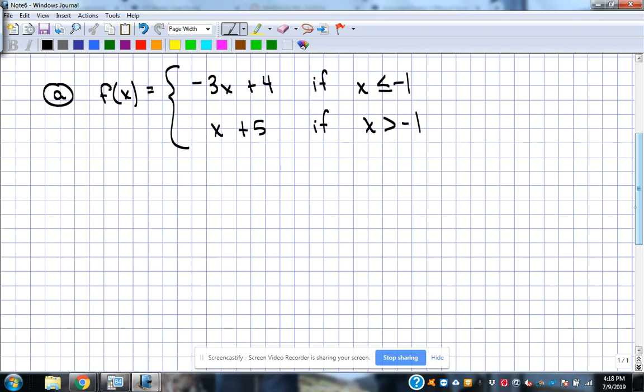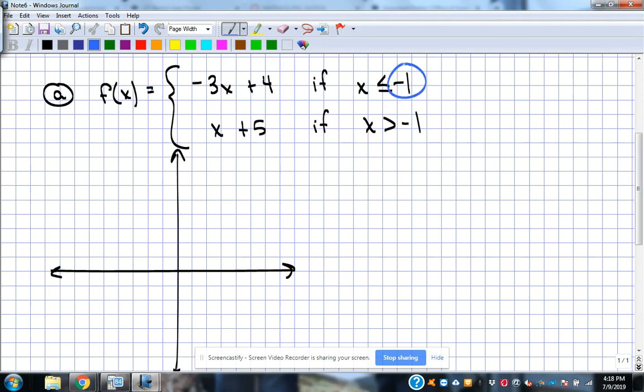So let's start by just graphing these, and I'm going to show you how to go about graphing it and what's important when you are graphing piecewise defined functions. So I'm just drawing on a little coordinate plane here. And when you're doing piecewise defined functions, you got to remember that these domains over here are the x values.